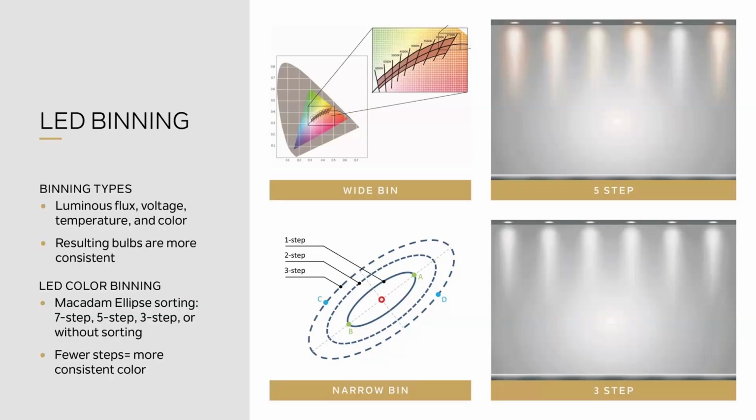But if you look at the five-step binning, you don't see the consistency in the light. Some of them look a little yellow, some look a little white, some even have a little bit of a red tint to them, and so forth. So when you purchase a bulb, you'll always want to pick the bulb that has the fewer steps, because fewer steps means better quality and better light consistency across the board.